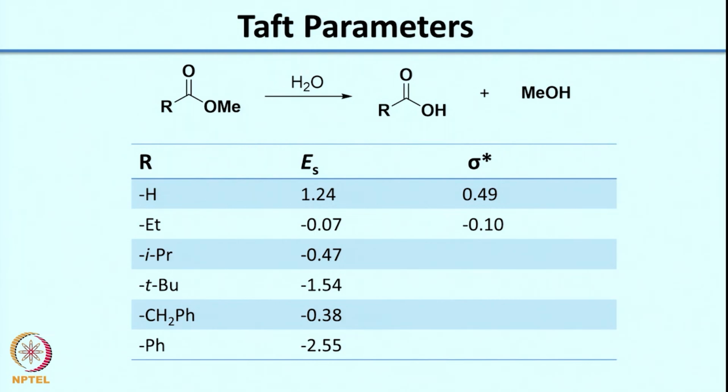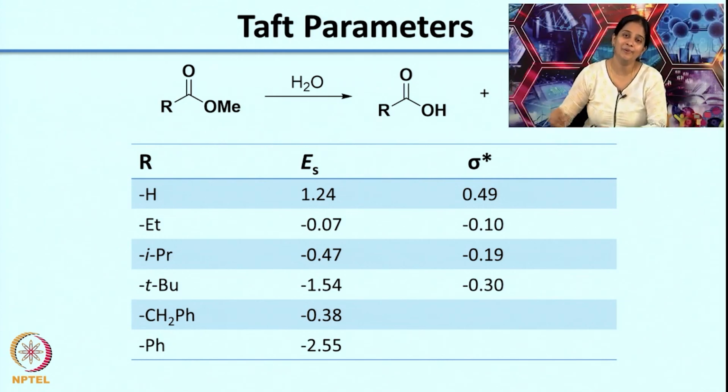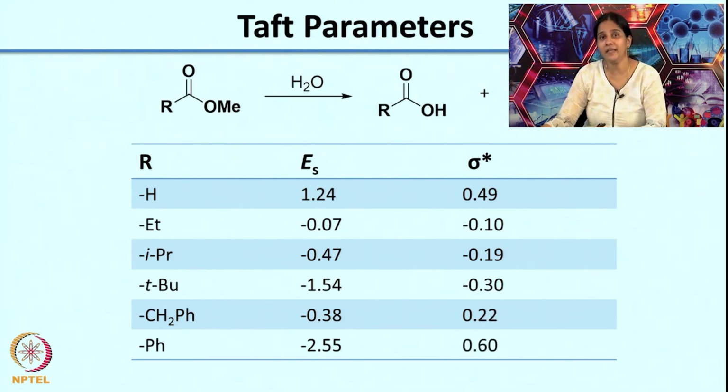Now after hydrogen, in the case of isopropyl compared to methyl, it would be slightly more releasing, which is why you have a negative value. T-butyl is again slightly more releasing, so you have a more negative value, and then benzyl and phenyl would work better than methyl, which is why they have positive values.